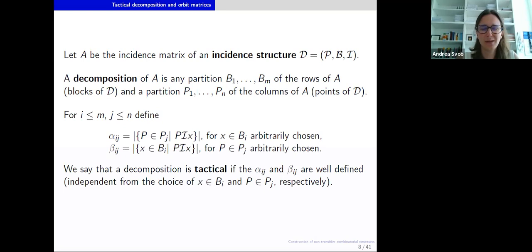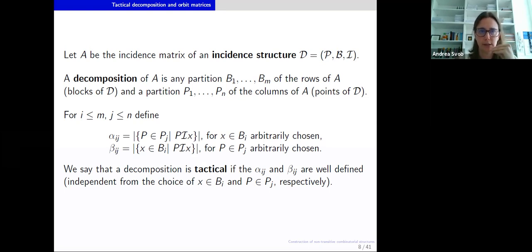Okay, so what is actually a tactical decomposition? We take A to be the incidence matrix of an incidence structure D. What we are doing now is making a decomposition of the incidence matrix.